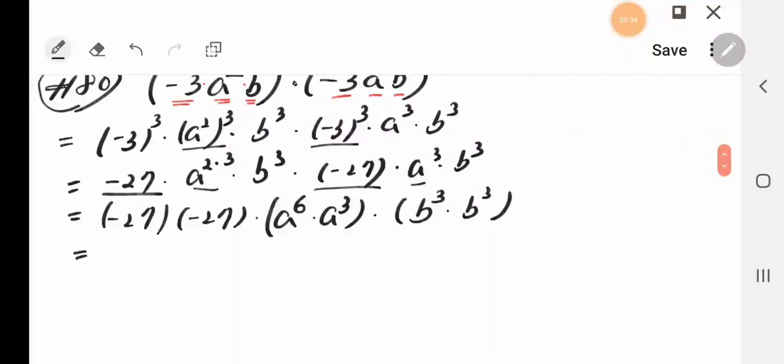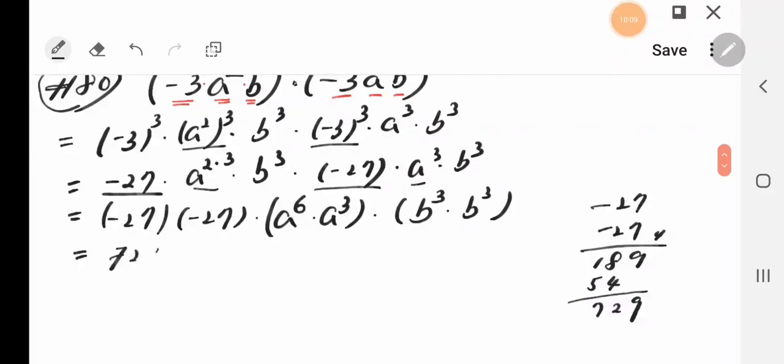And negative 27 times negative 27, let's multiply this. 7 times 7, 49. 2 times 7 is 14. 14 plus 4 is 18. 2 times 7 is 14. 2 times 2 is 4. So it becomes 5, 9, 2, 7. So the sign is positive, and then 729.